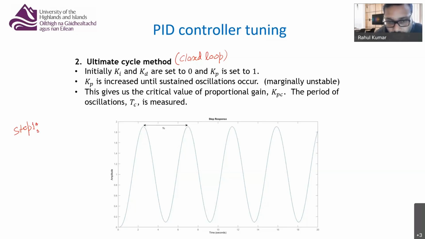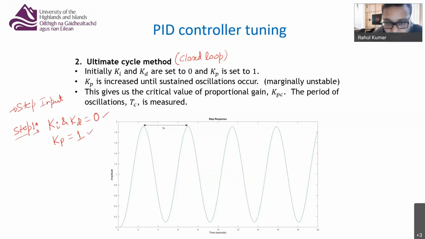The first thing which we do is, Ki and Kd, these two constants, we set them to be 0, and we set the value of proportional constant Kp to be 1. Okay, and we have applied the step input, and we have set the value of Ki, Kd equal to 0 and the value of Kp equal to 1.